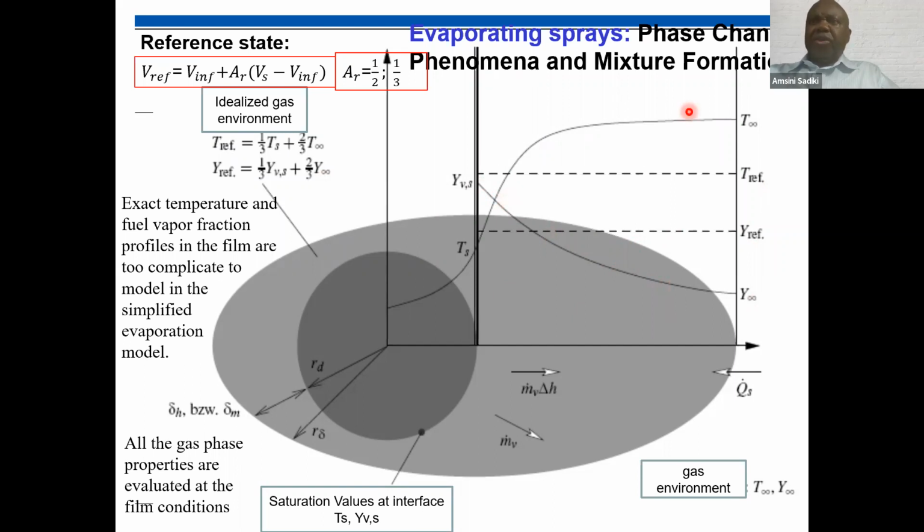We see that naturally I put all values or properties. We have the thickness based on the molecular layer and here on the thermal layer, and the total radius is obtained by adding this layer to the radius of the droplets.